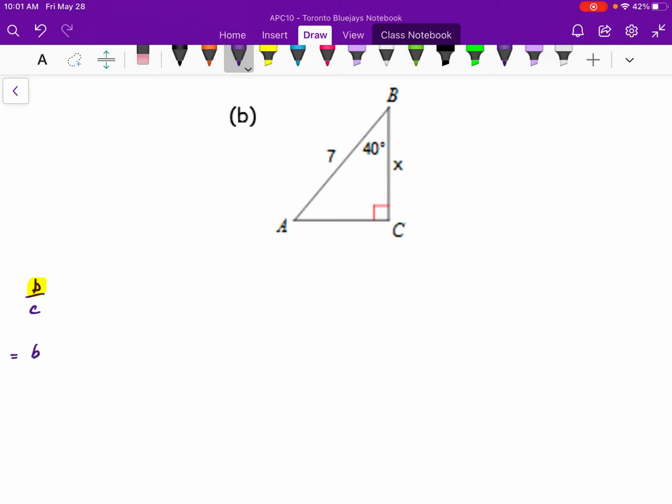So I'm going to challenge you now. If I have A is equal to B over C, how would you solve for C algebraically? Well, that's a good question.